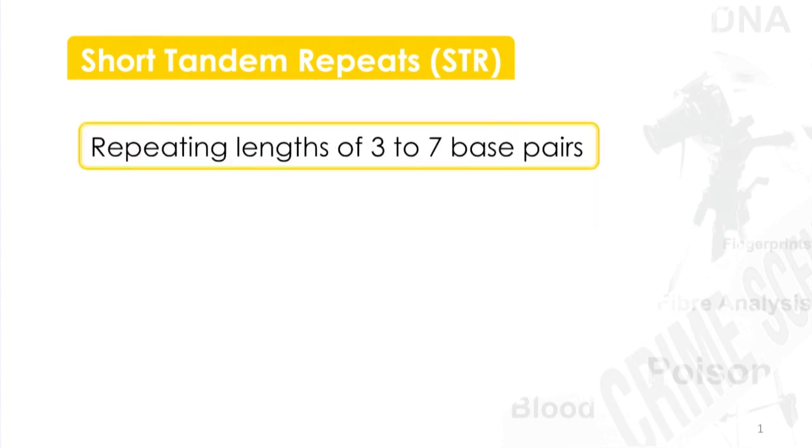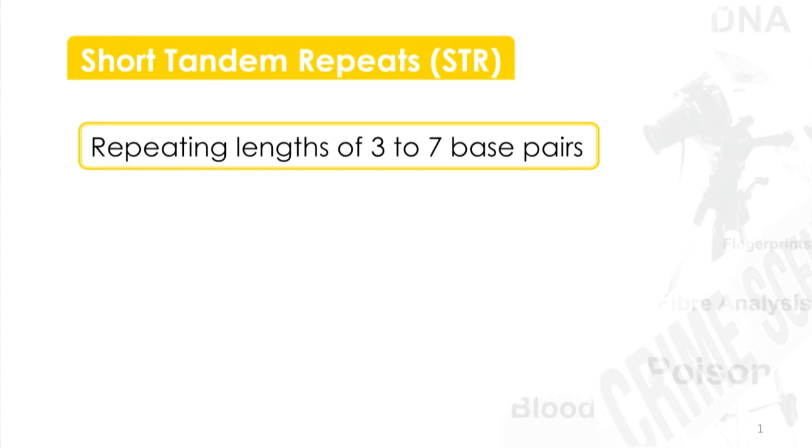The fragments of DNA that are of interest these days for forensic DNA profiling are called short tandem repeats, or STRs. Now, STRs consist of a little sequence of 3, 4, 5, 6, 7 base pairs, and then that sequence is repeated multiple times.